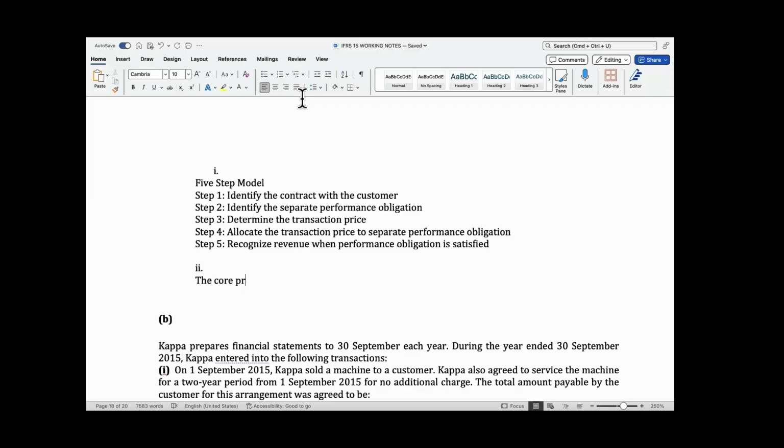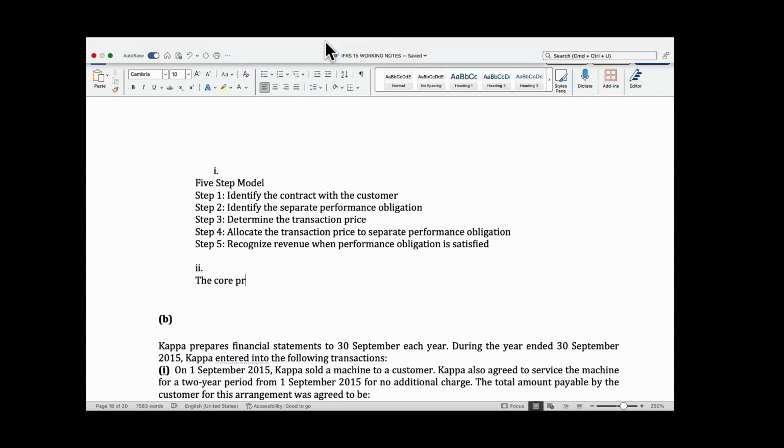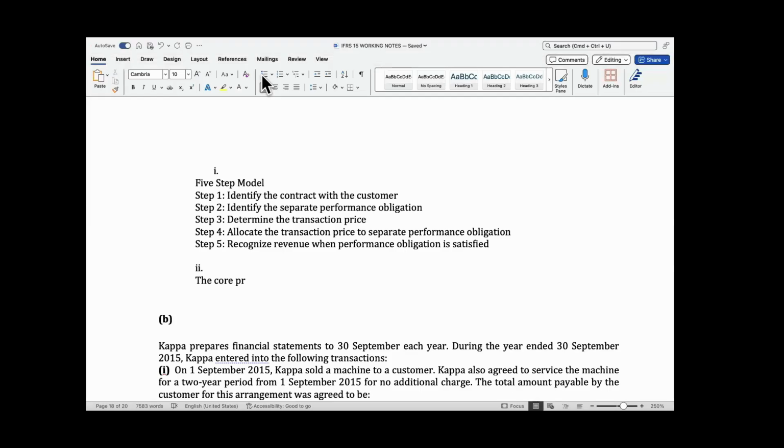So if we're recognizing revenue when certain performance obligations are carried out, IFRS 15 will now ensure that this revenue, you now match it with the cost that we are incurring to satisfy that performance obligation, or to say we have delivered these goods or services.